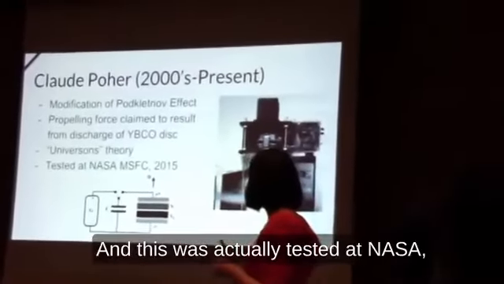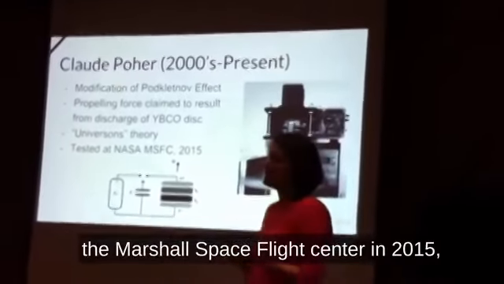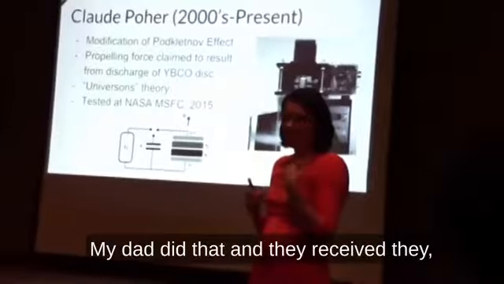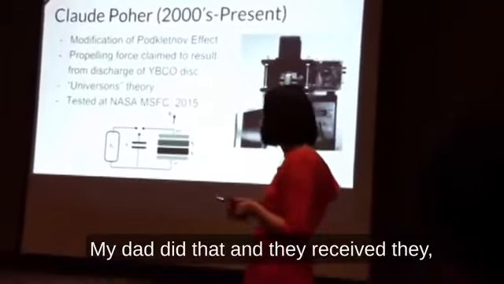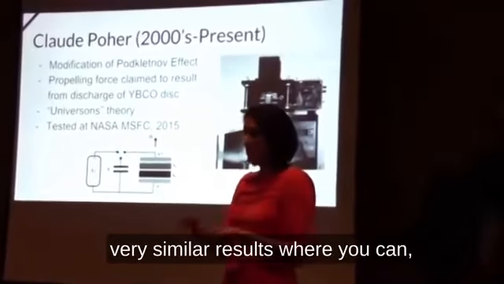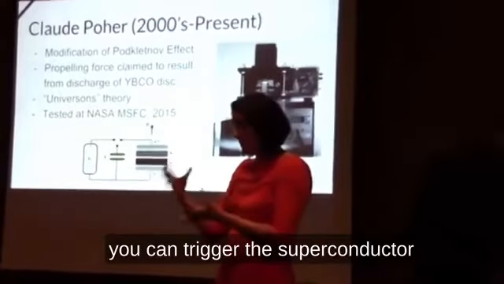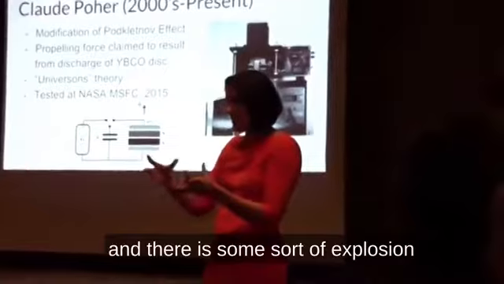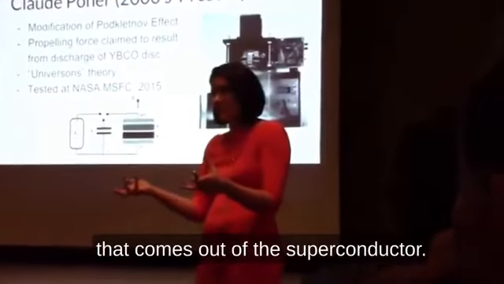And this was actually tested at NASA's Marshall Space Flight Center in 2015, which has not been published. My dad did that, and they got very similar results: you can trigger the superconductor, and there is some sort of explosion that comes out of it.